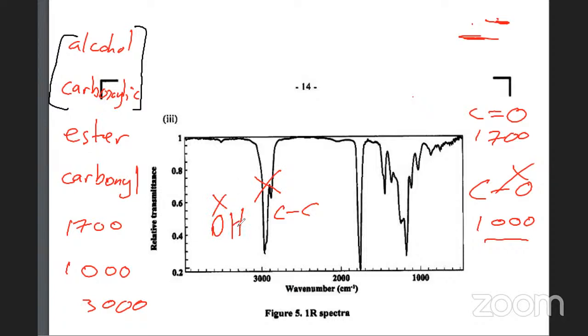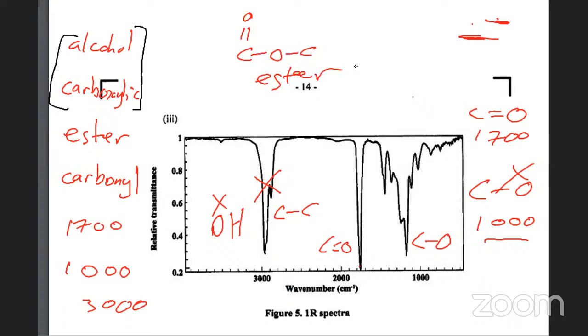All right. Now, look at this peak, C double bond O. Look at the peak close to 1000, C single bond O. Which functional group is that? C double bond O, single bond O. That's your ester. All right.